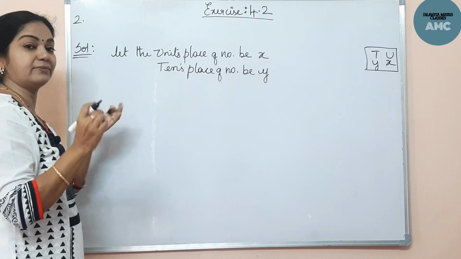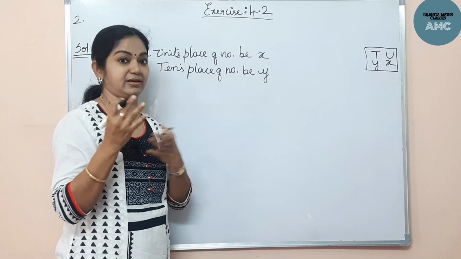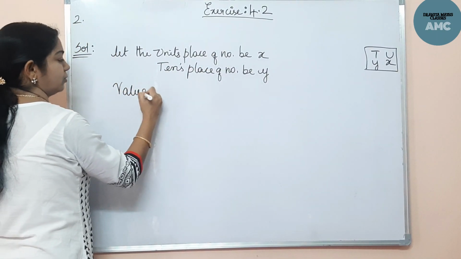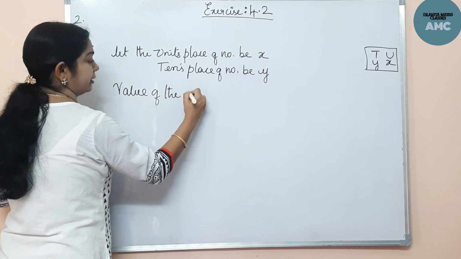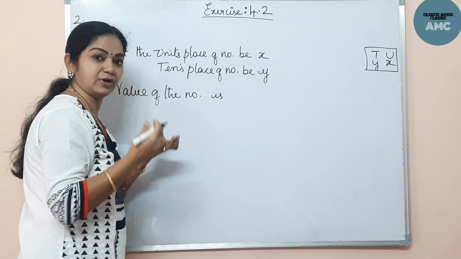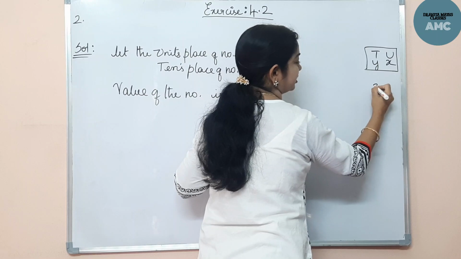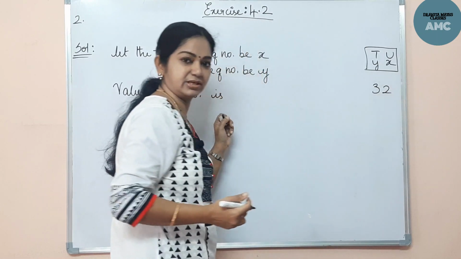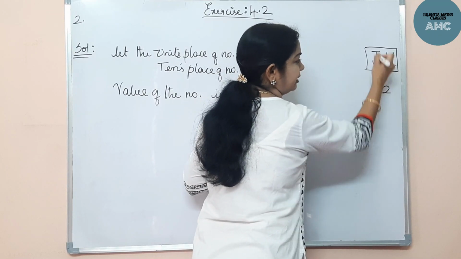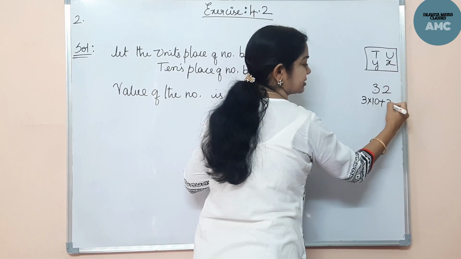Now what will be the value, the place value? We found out, we have done that in second and third classes, the value of that number. Now how do you get the value of any 2-digit or 3-digit number? Now if I suppose this as some 32, it's a 2-digit number. Now how do you get 32? That means 3 into 10, tens place, 3 into 10 plus 2 into ones place.